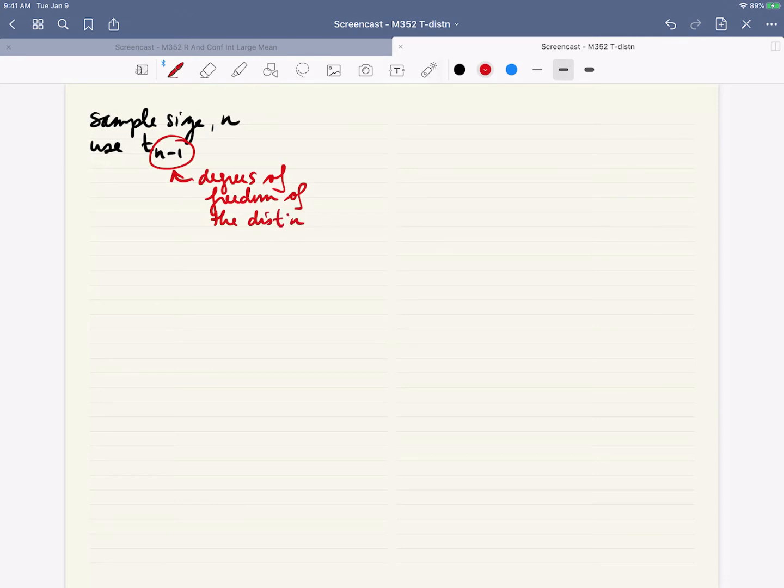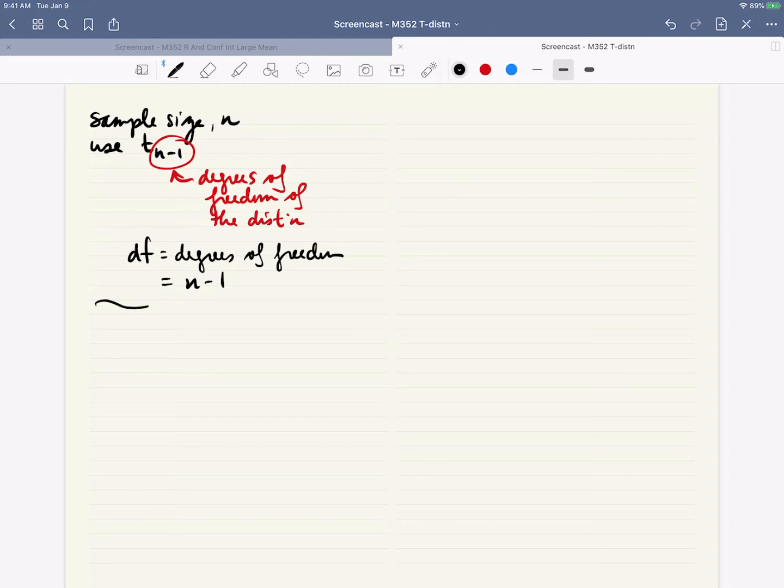The way I like to write it down is df for degrees of freedom, and it's always your sample size minus 1. That's why that subscript goes on the t-distributions, the n-1 subscript. That stands for the number of degrees of freedom.